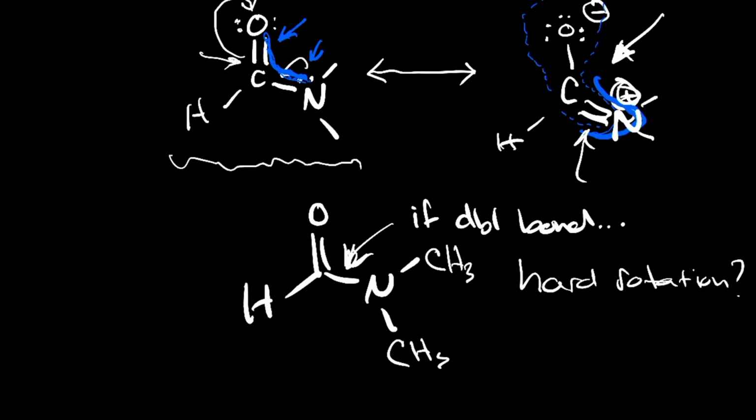But if it has a resonance structure that greatly diminishes or greatly enhances double bond character, and this is an idea you've got to get used to, bonding having this sort of a flavor, if you will, and it's like wave-particle duality.